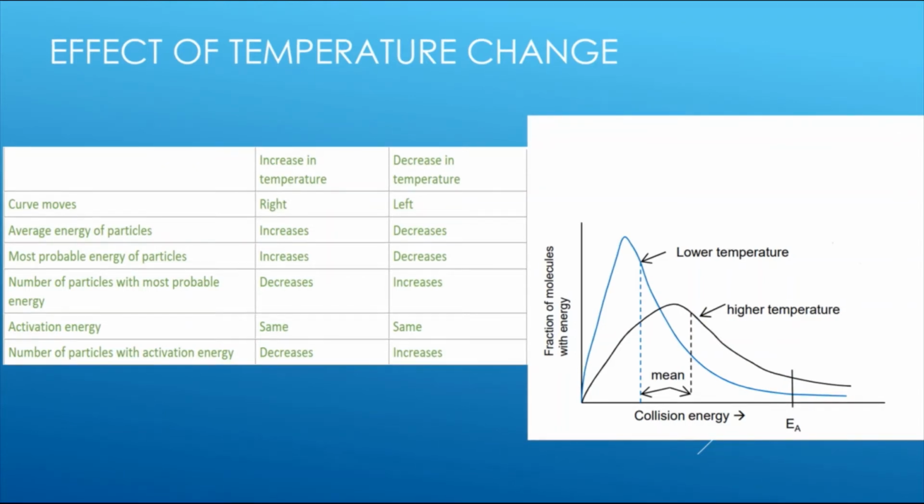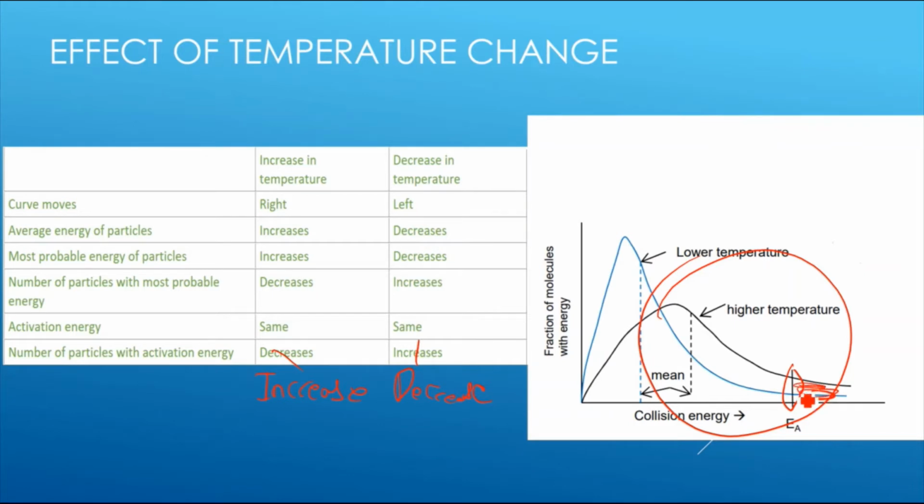And finally, the number of particles with the activation energy, I've got it wrong in the table, and it's the other way around. So if you increase the temperature, the number of particles with the activation energy increases, and if you decrease the temperature, it would obviously decrease, because as you can see in this curve, and this is the activation energy, the black curve is the higher temperature.